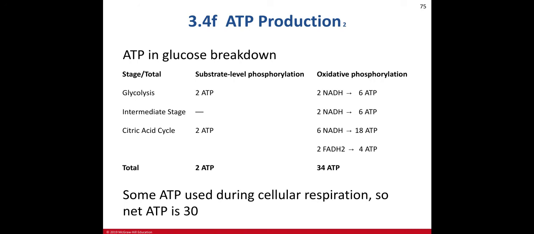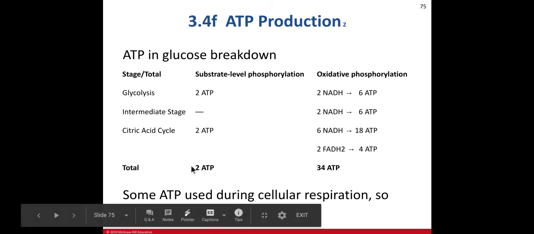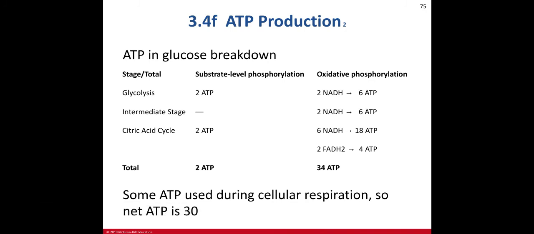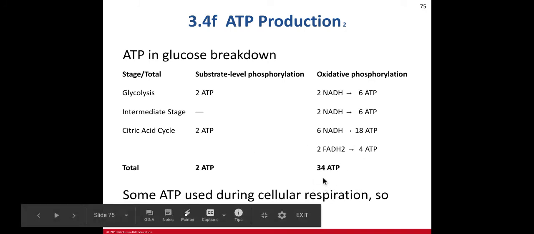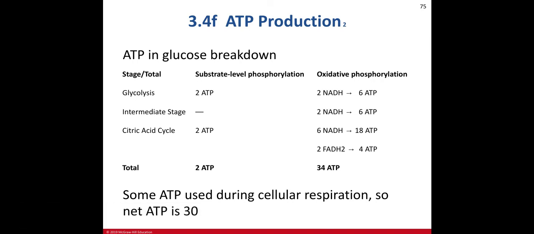So total here, we are making two total substrate level phosphorylation ATPs, 34 at the oxidative, the electron transport chain level. Total, our ATP needs to be used in respiration.